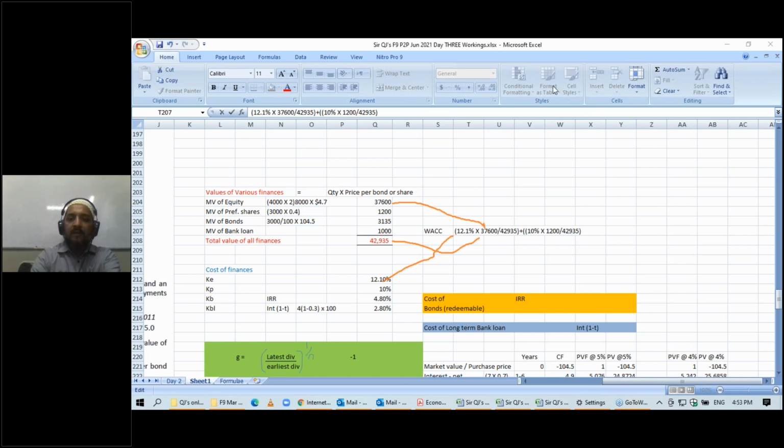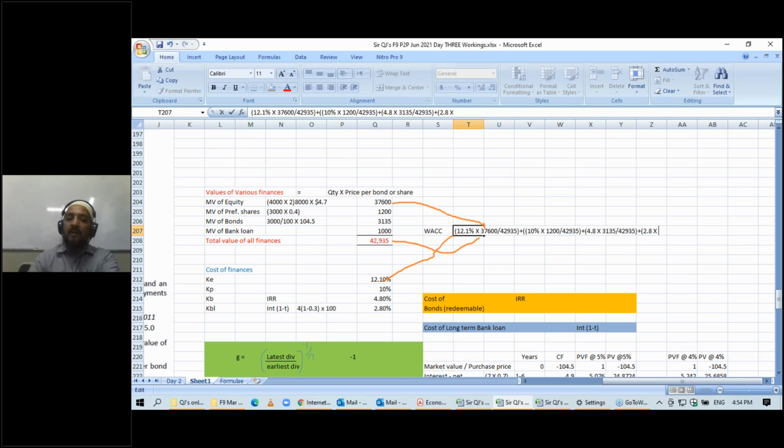So we'll take one by one, take the cost of each capital item or each financing item, and then we'll keep on multiplying it with its market value out of the total market value. So now the bonds market value is 3135 divided by the total market value 42935. And then finally the cost of bank loan, which is the lowest, 2.8%.